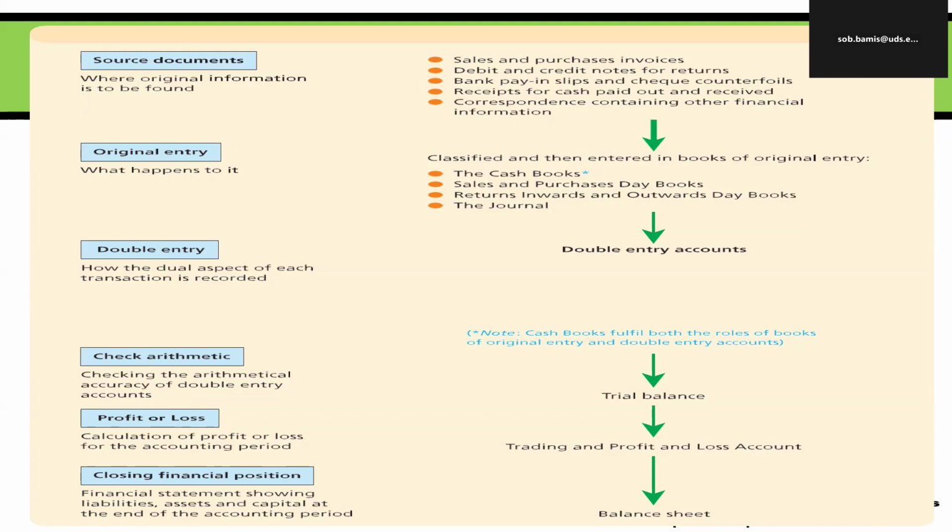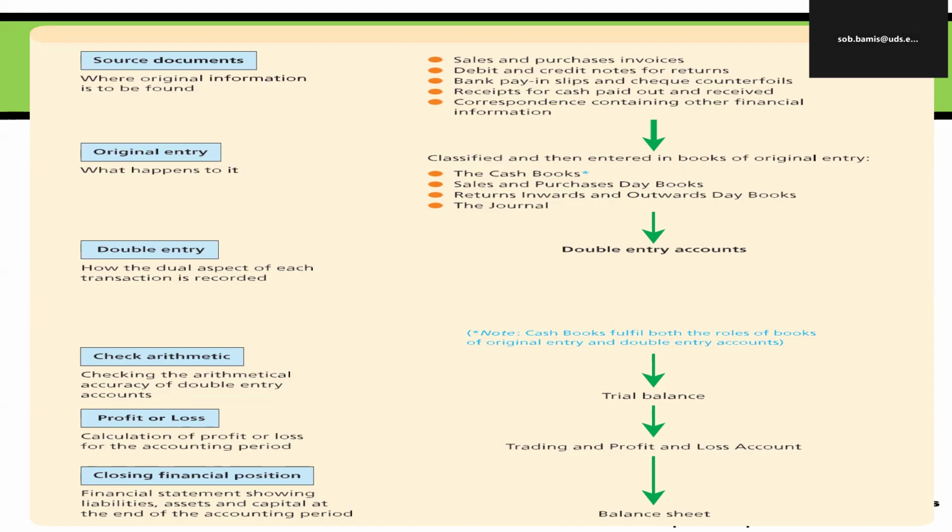So we are saying that we should go from the documents to the books of original entry. Now to the main issue, which is the double entry in the ledgers. When it comes to ledger accounting, we apply the double entry principle: debit the receiver, credit the giver.